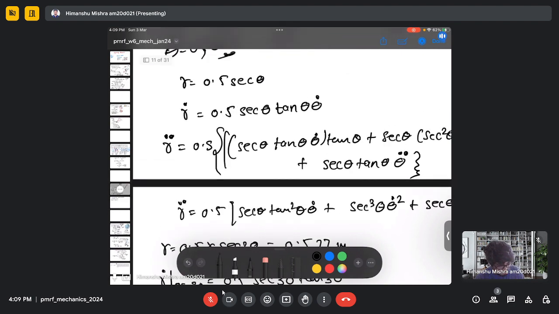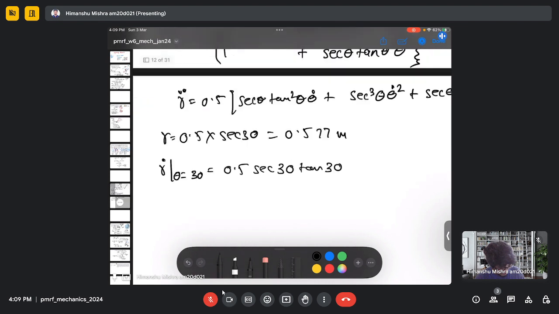And this is multiplied by theta dot, which is 2.